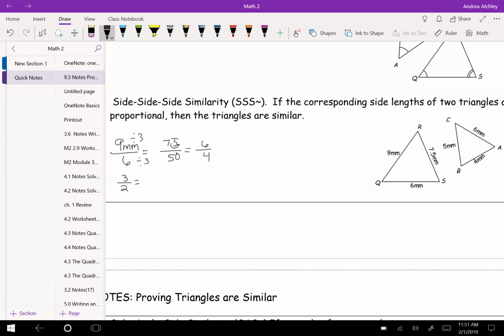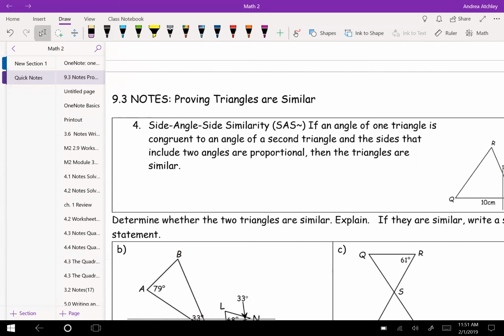Okay, 75 and 50 can both be divided by 25. 25 can go into 75 3 times, and 25 can go into 50 2 times. And then 6 and 4 can both be divided by 2. So good. The sides all have the same ratio of 3 over 2. Any questions over that? Okay. So those would be similar.